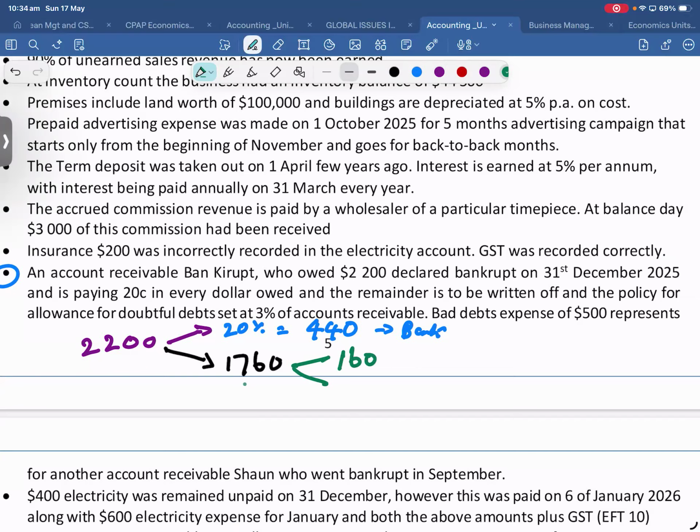If you want, you can divide by 11 or whatever method you know. 160, and that is GST. And then the other remainder, 1600, that's the allowance for doubtful debt. Make sure it adds up to how much? 2200. Yes, it should add up to 2200.